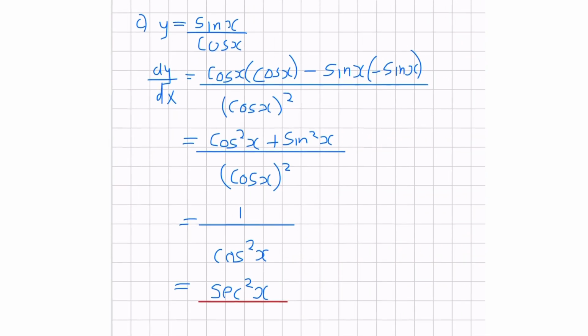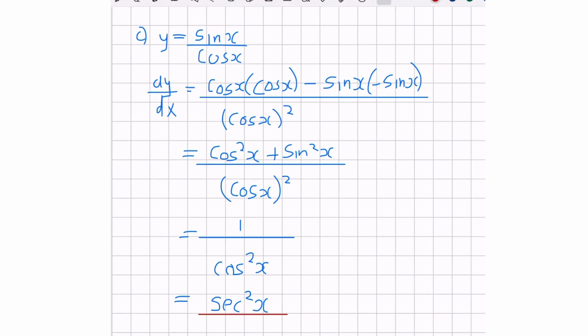Then we can also apply the quotient rule when dealing with trigonometric functions. So remember, this trigonometric function is also in the form u over v, where u and v are functions of x. So it's the same concept that we applied when we were not dealing with trigonometric functions.